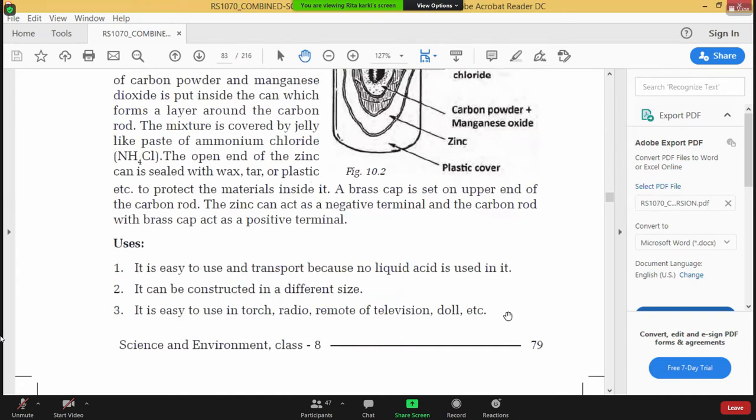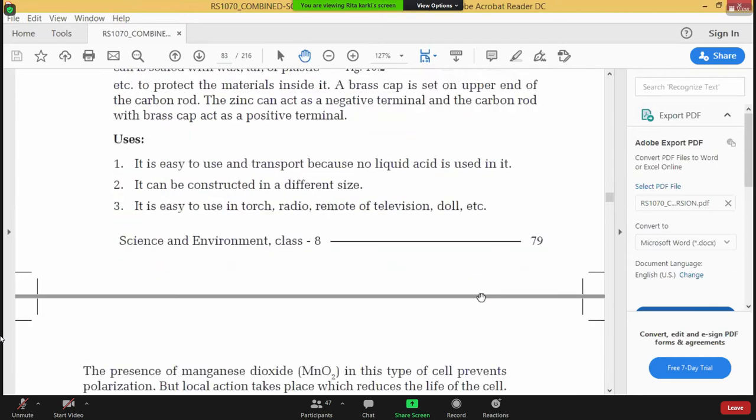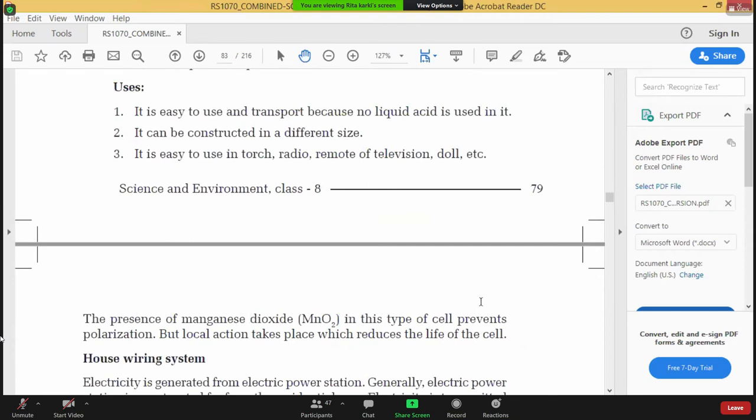The dry cells can also be found in different shapes and sizes. As per our convenience, we can easily buy varieties of dry cells from the market and use them to run electrical instruments such as flashlights, radios, television remotes, and even the dolls in our houses can be controlled with the help of the dry cell or battery.